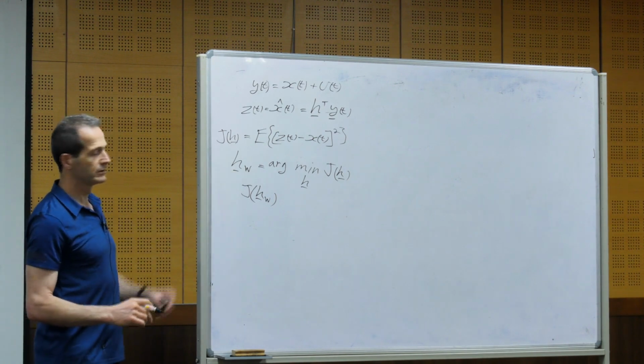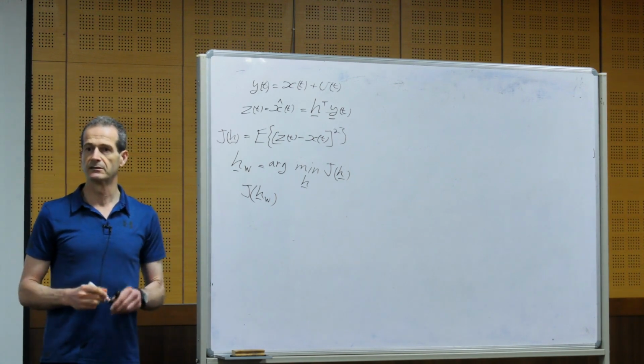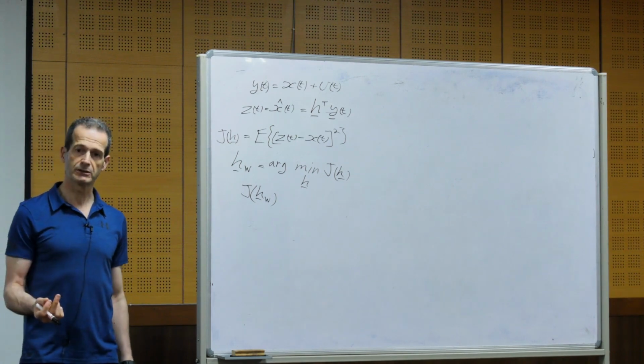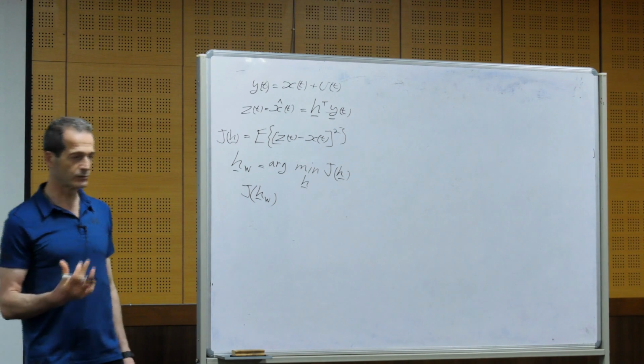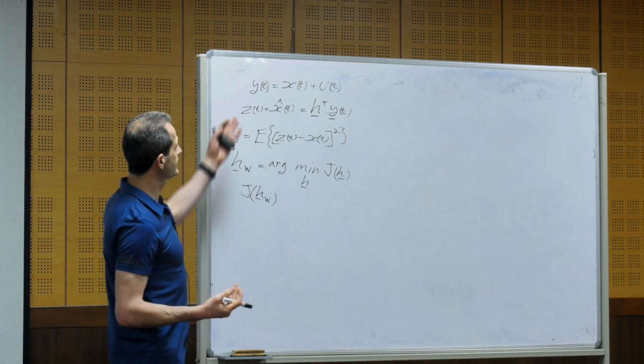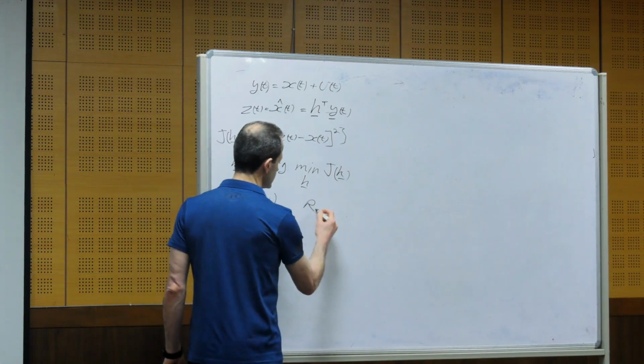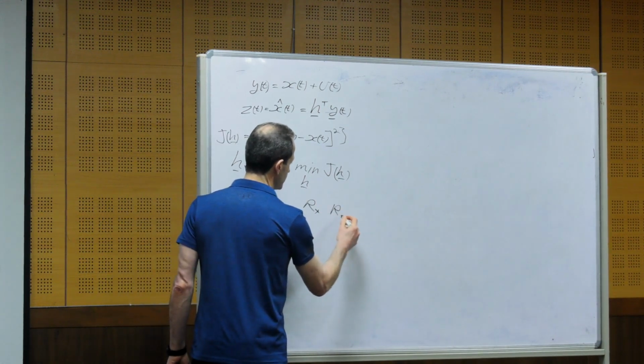We saw different expressions for the Wiener filter based on information. The information that we need is actually the correlation matrices, Rx and Rv.